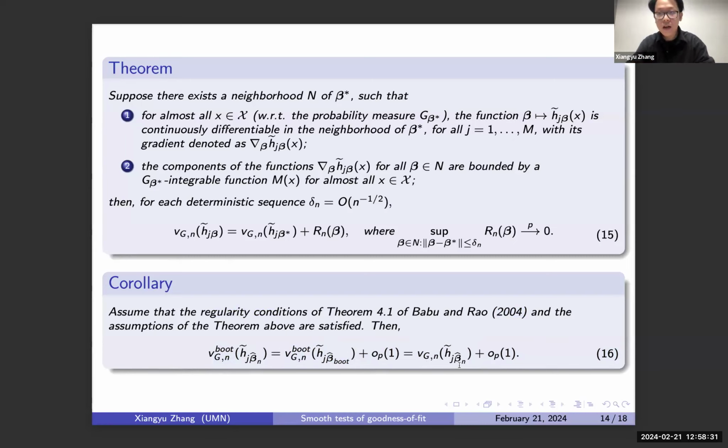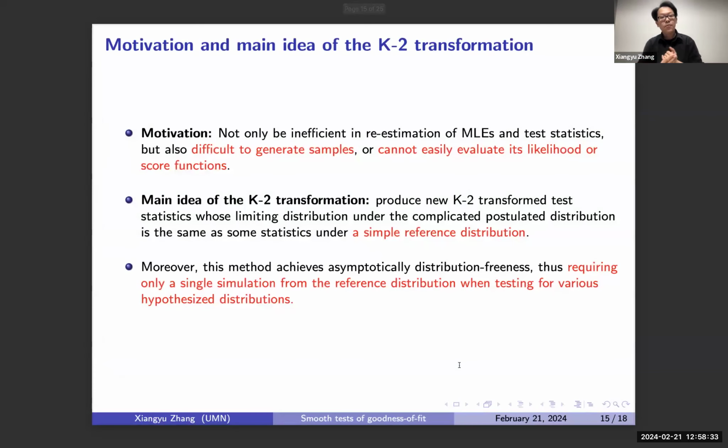Then we still have two more questions to solve. Beyond being efficient in re-estimating your parameters, your MLEs, it can also be difficult to generate the samples, or to easily evaluate the likelihood or score functions.